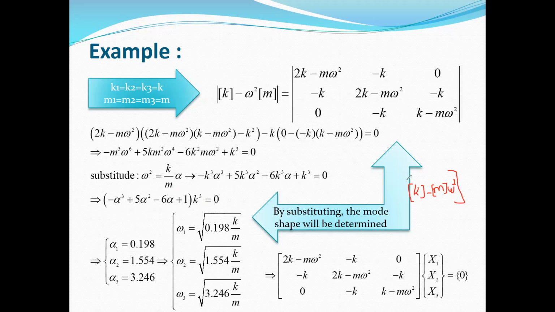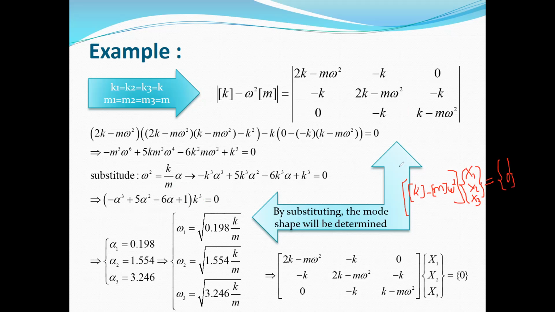This matrix is multiplied by a vector x1, x2, and x3, and it must be equal to 0, as you know.